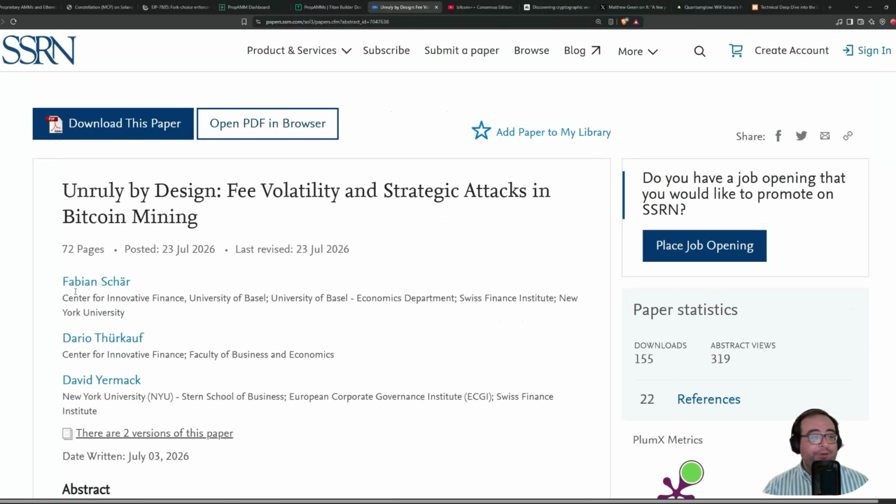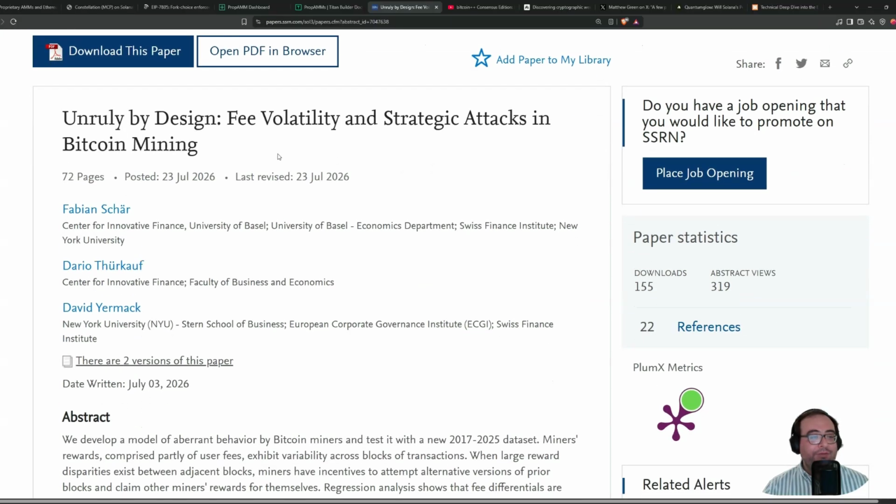I have this paper, Unruly by Design, Fee Volatility and Strategic Attacks in Bitcoin Mining. All right. Interesting. Macro topic here is security budget, sustainability, mining behavior.